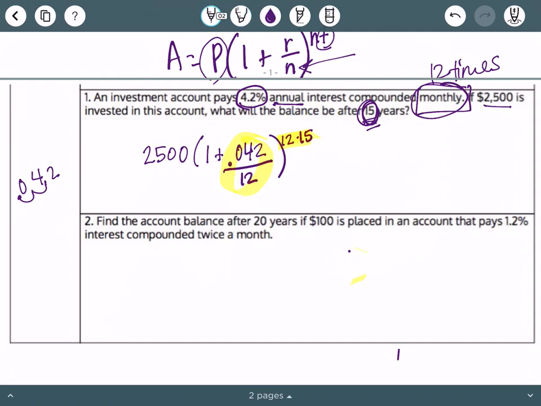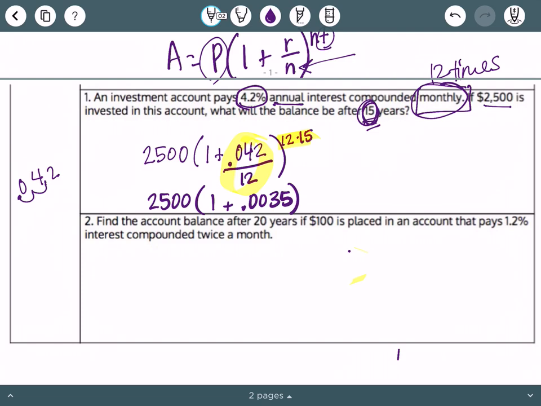What I mean by goes together is I'm going to write 2500 because that's coming straight down. 1 plus, and then I'm going to go to my calculator, I'm going to type in 0.042 divided by 12. So that is there, and it's going to give me 0.0035.